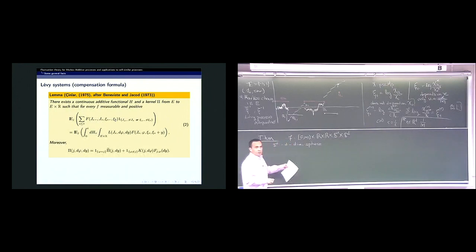So remember that for Markov additive processes associated to self-similar processes, J takes values in this space. I didn't say that in the slide, sorry for that. But because J is just the angle of the process, it takes values in this sphere.